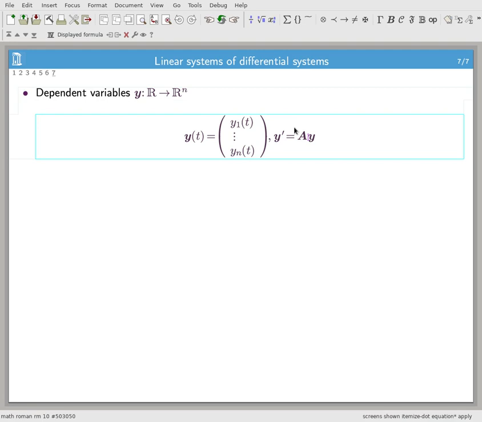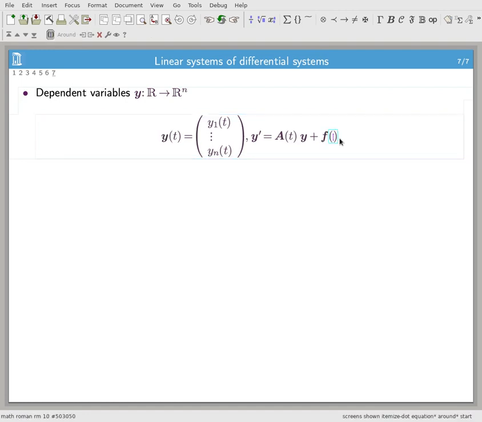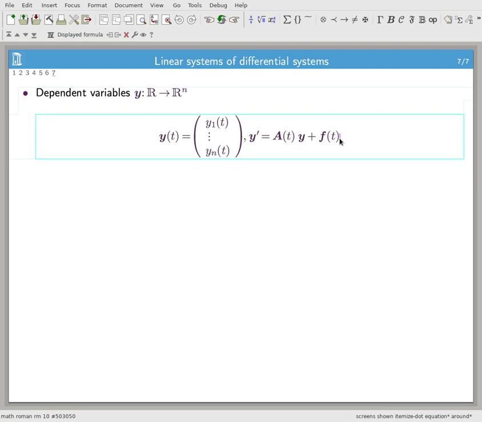Now, the matrix A, in order for the system to be linear, cannot depend on y itself, but it can depend on t. And in addition to the linear dependence of the derivative y prime on y, we might also have some forcing term rendering the system inhomogeneous, and let's call that f of t. This is the general explicit form of a linear system of differential equations.